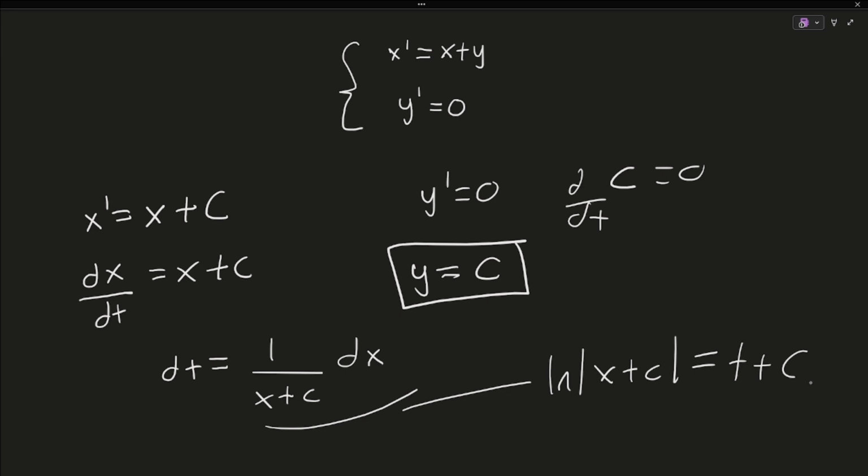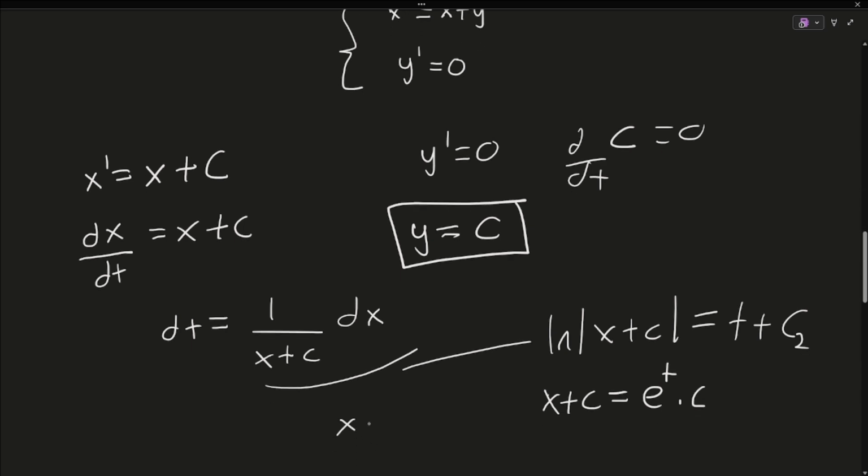Yeah, we could call this a c2, it doesn't really matter. And x plus c will be equal to e to the t multiplied by a constant. And x will ultimately be equal to e to the t times a constant minus constant 2. You could call it a constant 2.